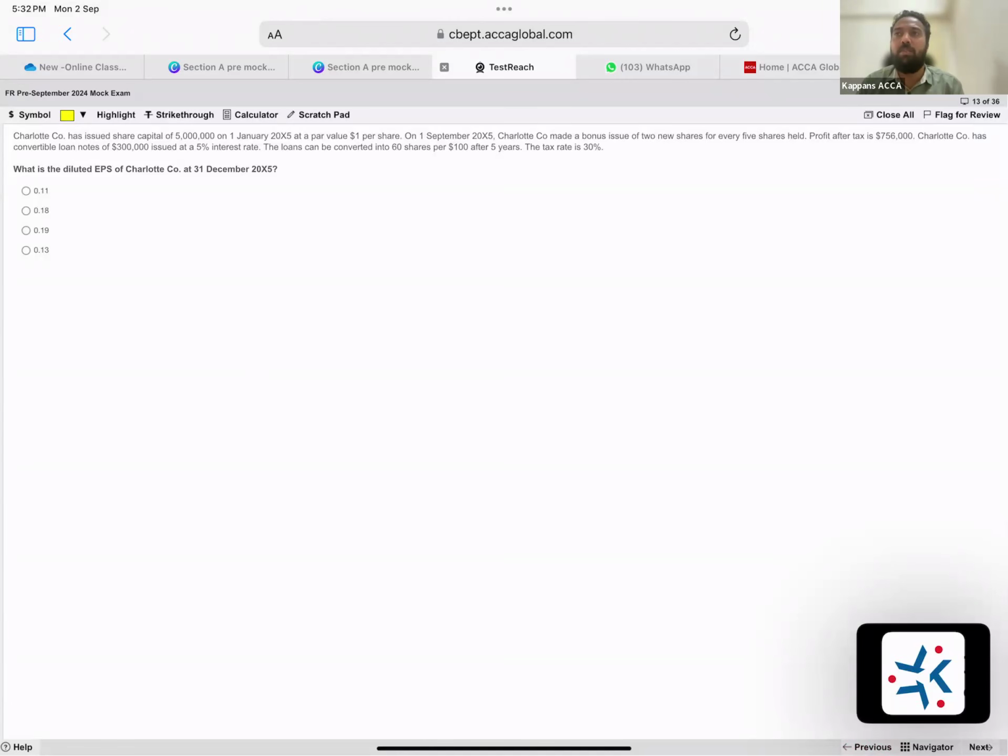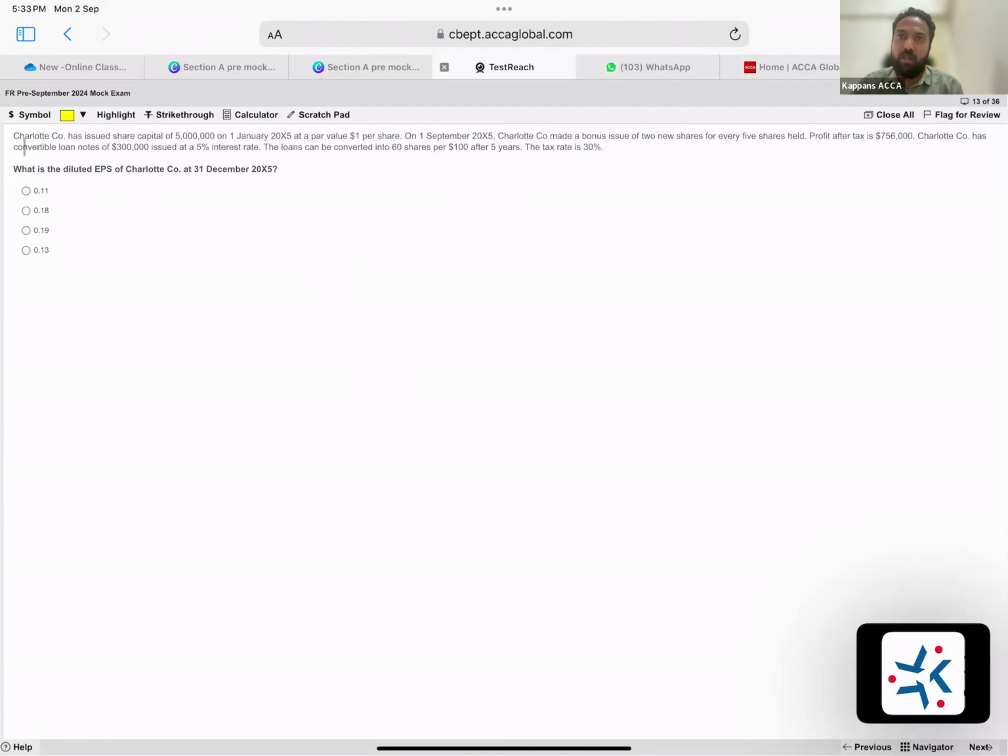On 1st September X5, Charlotte made a bonus issue of 2 new shares for every 5 shares held. Profit after tax is $756,000. Charlotte has convertible loan note of $300,000 issued at 5% interest rate. The loan can be converted into 60 shares per 100 after 5 years. Tax rate is 30%. What is diluted EPS?